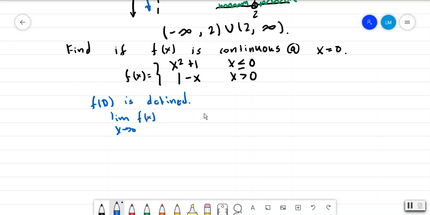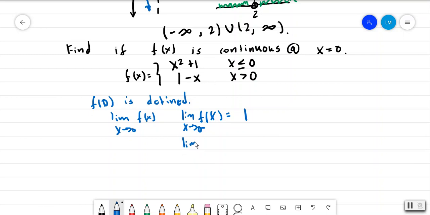So this means that I need to look at the left and the right. The limit as x approaches 0 from the left for f of x is equal to 1, because you would use x squared plus 1.